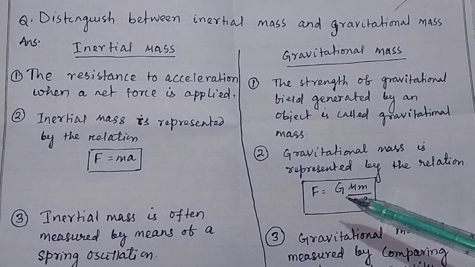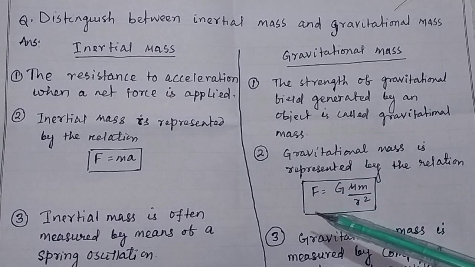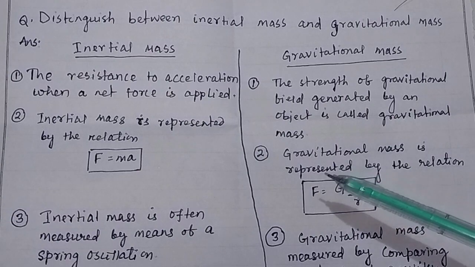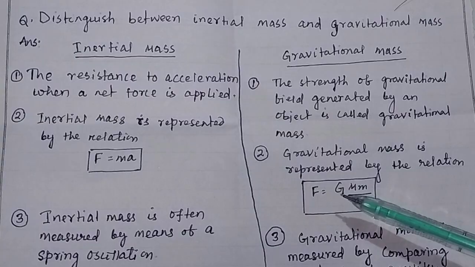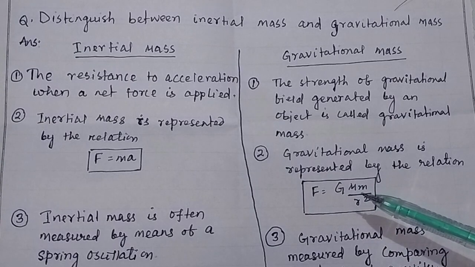But gravitational mass can be defined mathematically by a well-known relation, the universal gravitational force, that is F is equal to G m m divided by r square. These are two masses, mass of one body is m, another body is m.